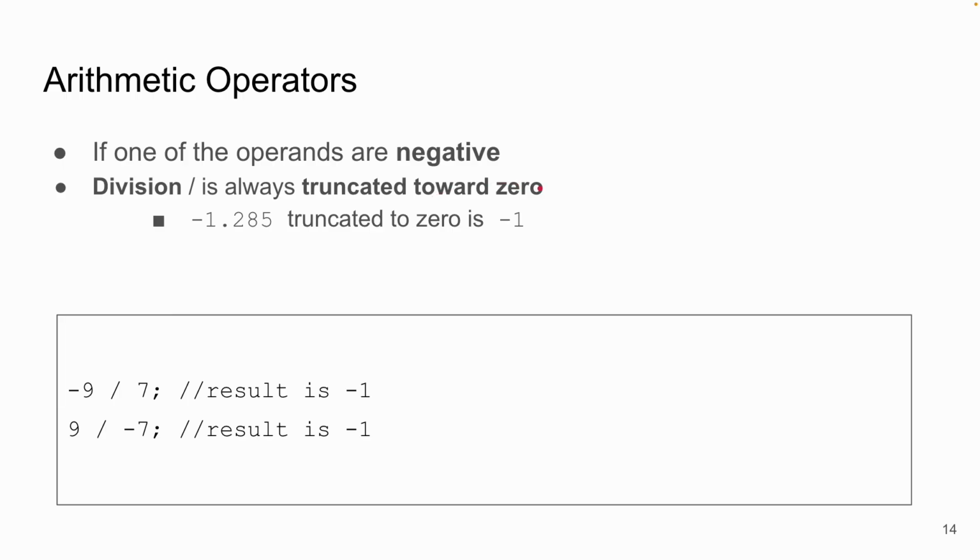Truncate toward 0 means that it will drop the fractional part, making the return value closer to 0.